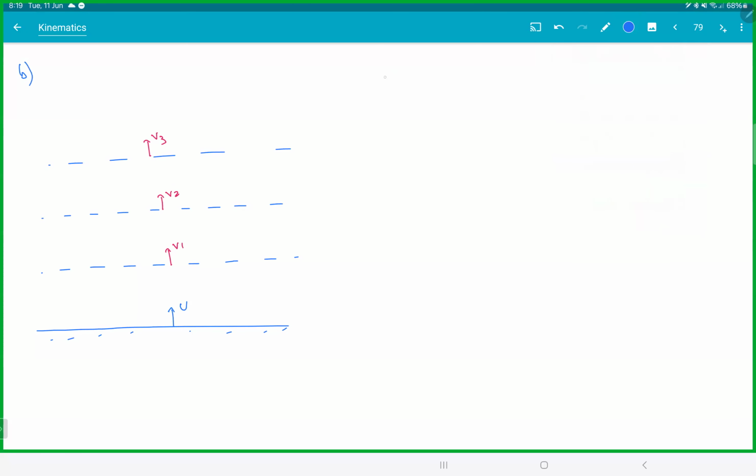So for the first section, the formula would be v1 square minus u square is 2, the gravity is minus g, and the height is 10. This is for the first section. For the second section, v2 will be the final and v1 will be the initial velocity, which is 2. The gravity is minus g by 2 and 10.